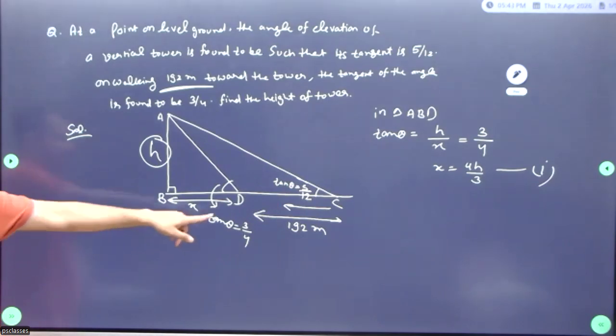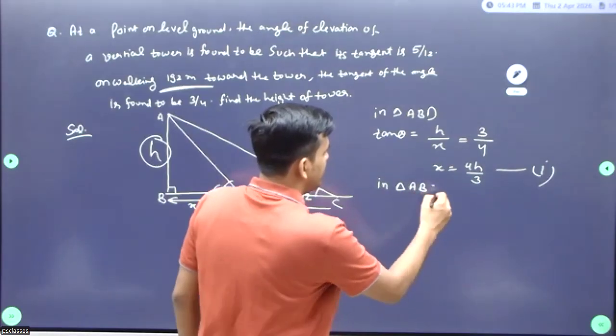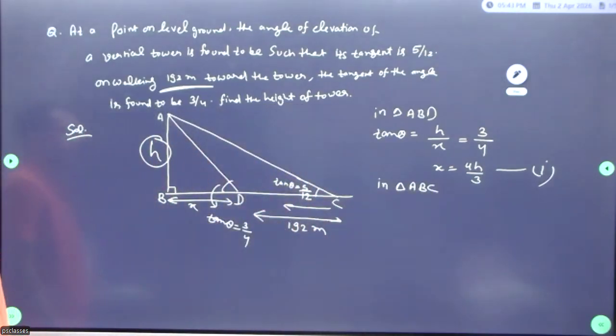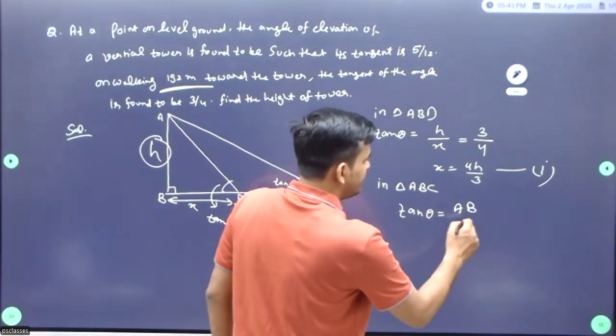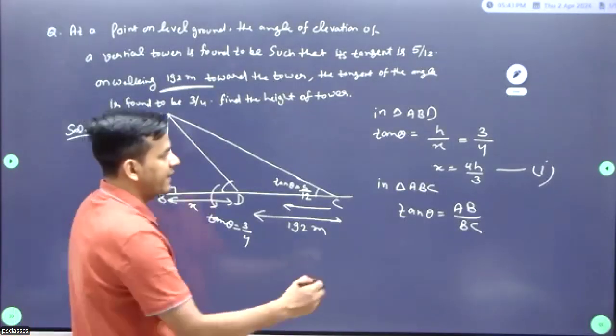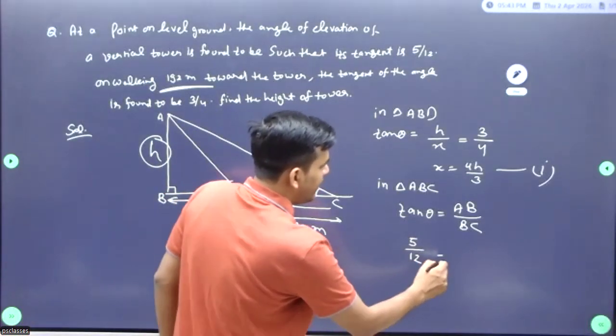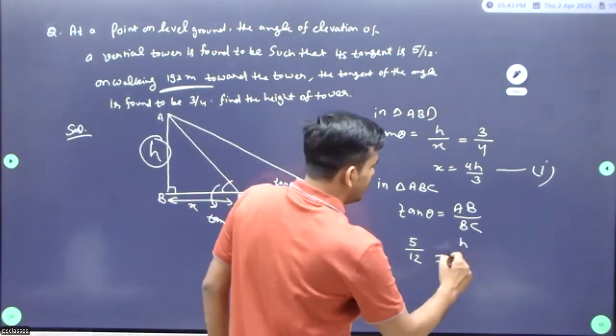Then from the second triangle ABC, you will get one more equation. Tan theta is equal to perpendicular upon base. Perpendicular is AB and base is BC. So tan theta is equal to AB upon BC in triangle ABC. So 5 by 12 is equal to AB upon BC, where AB is h and BC is x plus 192.